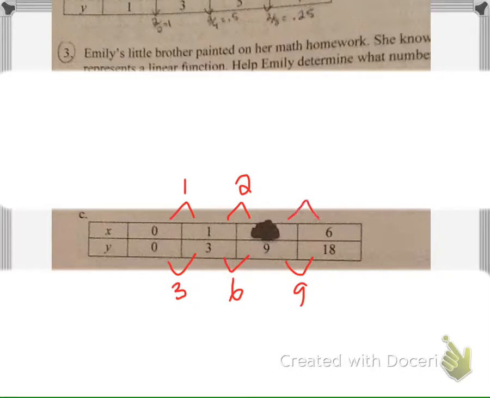And then the change here has to be 3 because 9 divided by 3 is 3. So 1 plus 2 is 3, and 3 plus 3 is 6, so it works. My missing value is 3. And the equation would be y equals 3x.